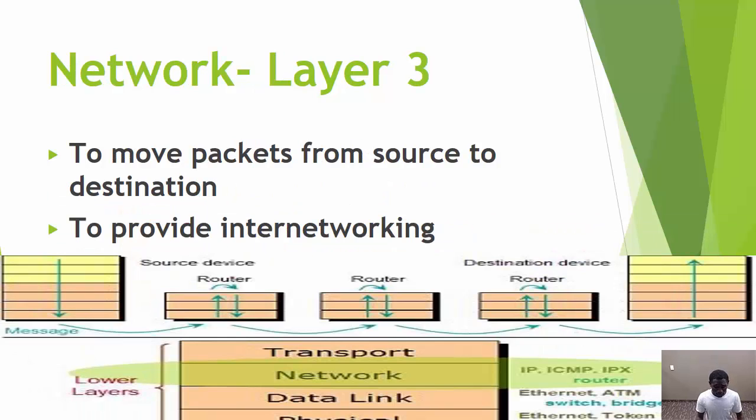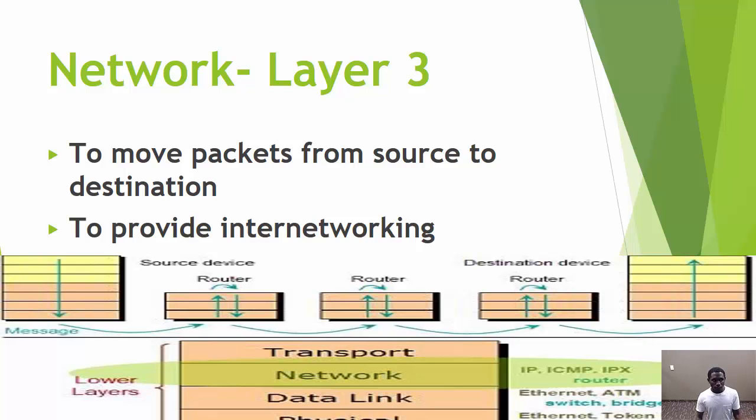The network layer controls the operation of the subnet. It is where the IP address is created and controlled. The network protocol is Internet Control Message Protocol, ICMP. The network device that works on this layer is called a router.